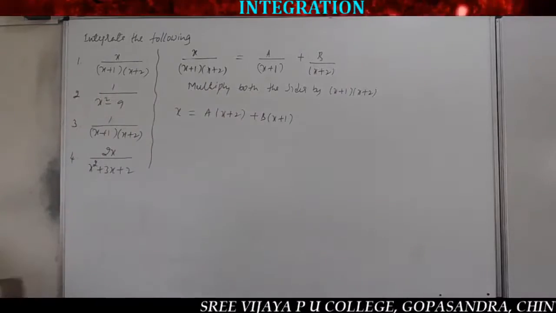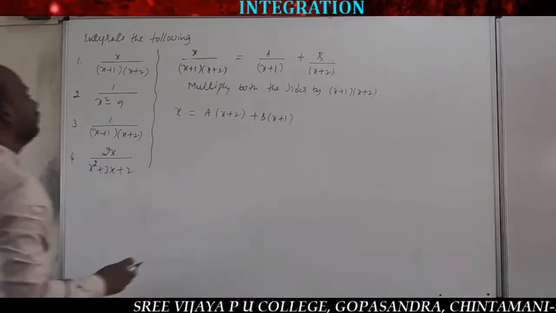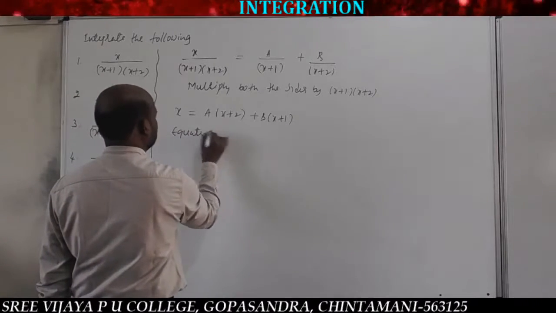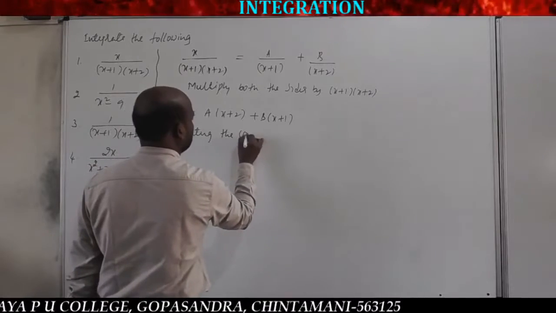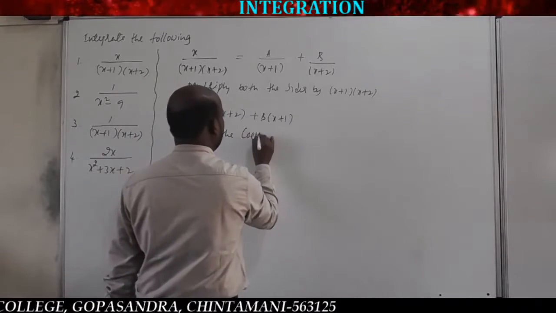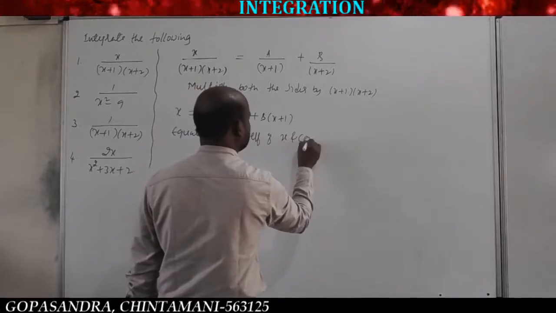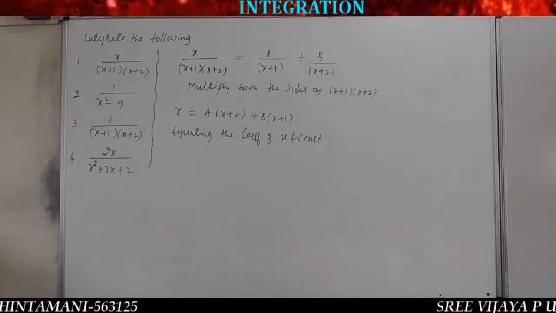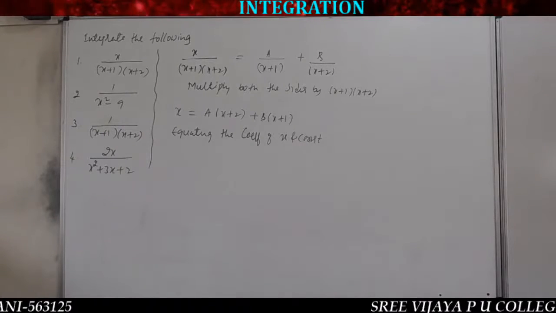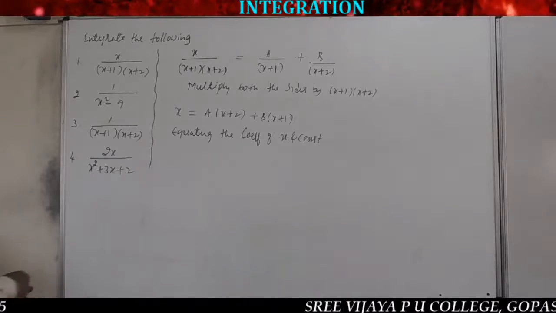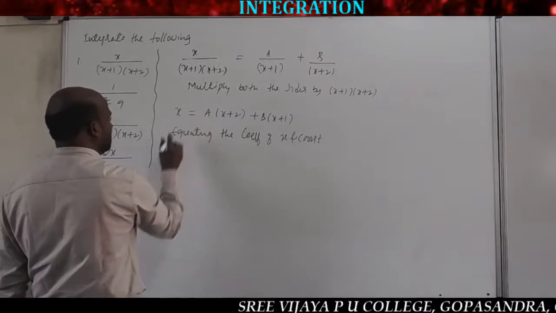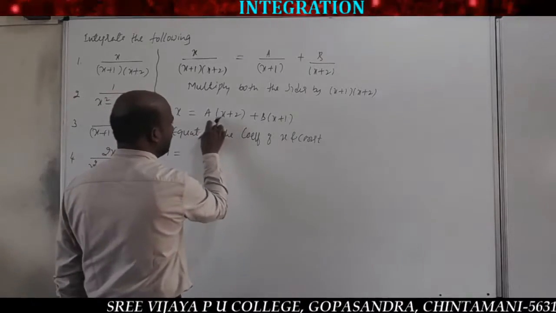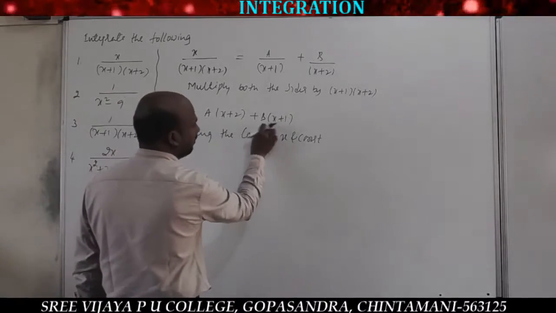And now we have to find the values of a and b. Okay, for this, equating the coefficient of x and the constant term on both the sides. So the coefficient of x in the LHS is 1. Here, multiplying by a gives a into x, and multiplying by b gives b into x.